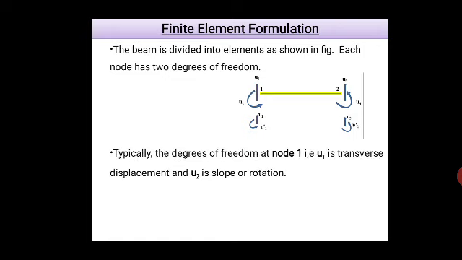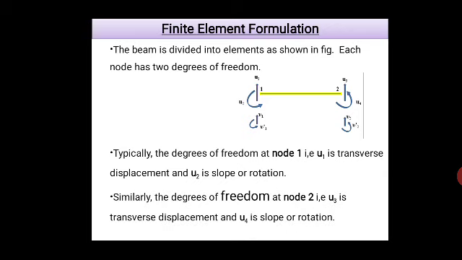At node 1 these are u1, a vertical transverse displacement, and u2, the slope or rotation. Similarly, at node 2 we have u3 as transverse displacement and u4 as the slope or rotation.